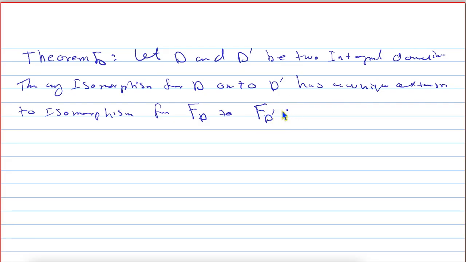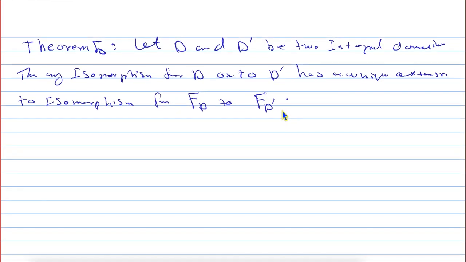Okay, and we will explain why this extended isomorphism is unique.